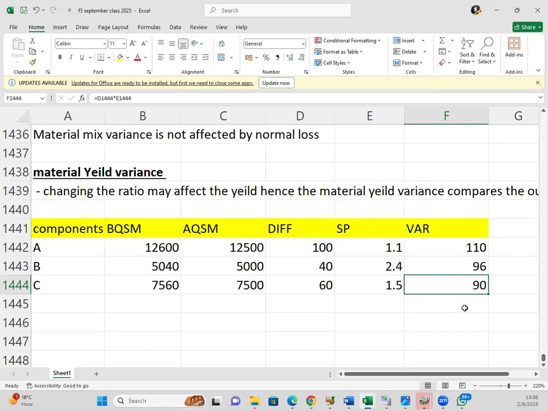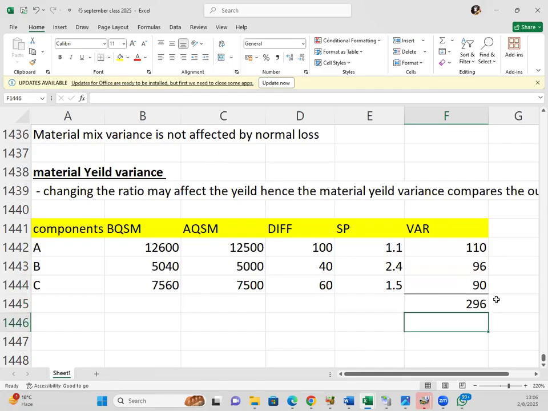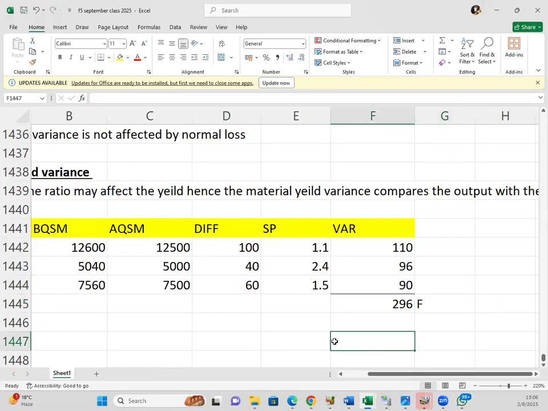So our total material yield variance, you then sum this up. So the variance becomes $296. If it's positive, it's favorable.